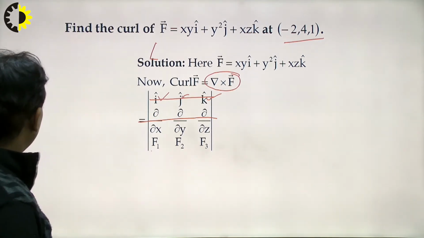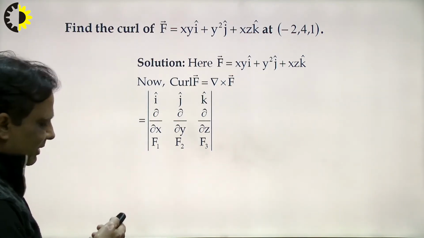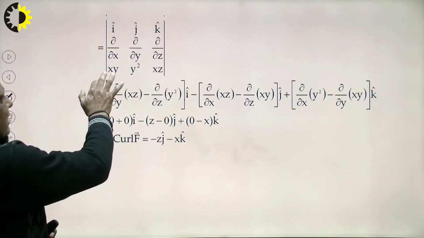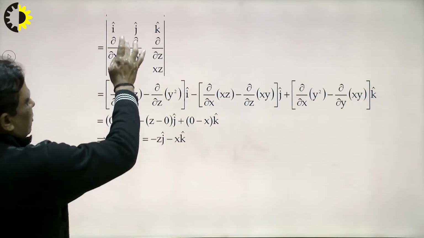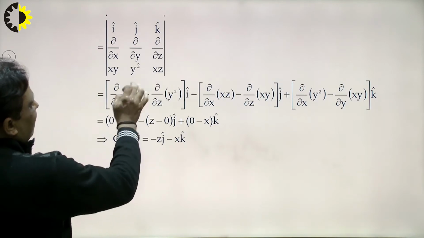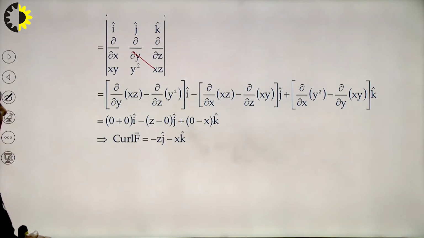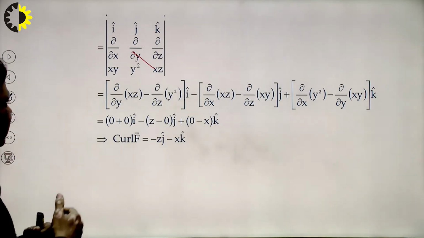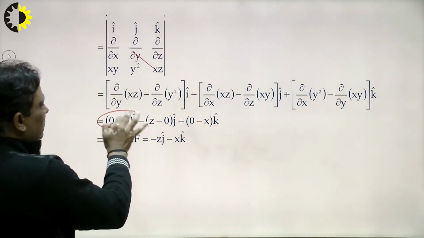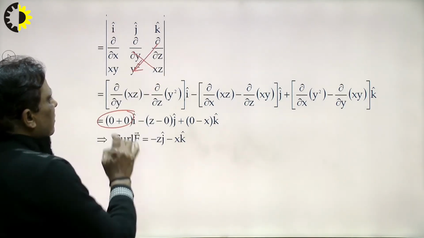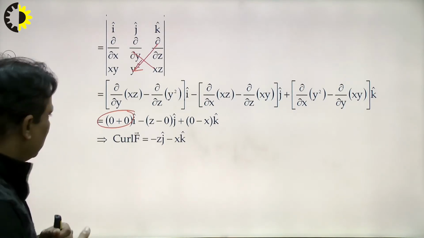Suppose we put the values of f1, f2, f3 here. So what will be the result? We see there is the result x y square and z. Suppose I want to calculate this result. What is the meaning of these terms? x z differentiated with respect to y will be 0. Minus this, differentiation of y square with respect to z is 0.